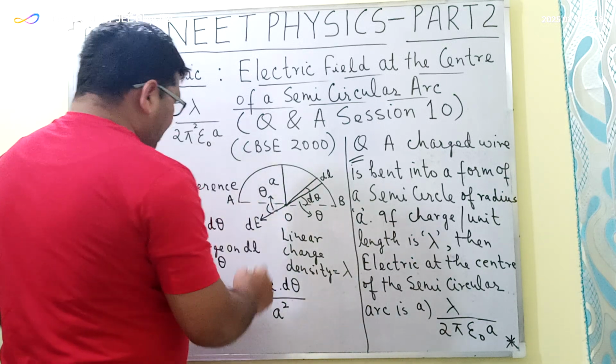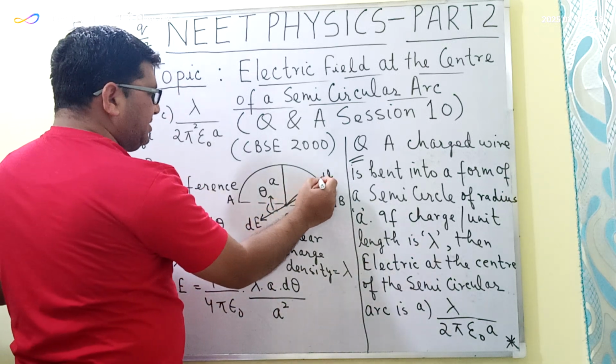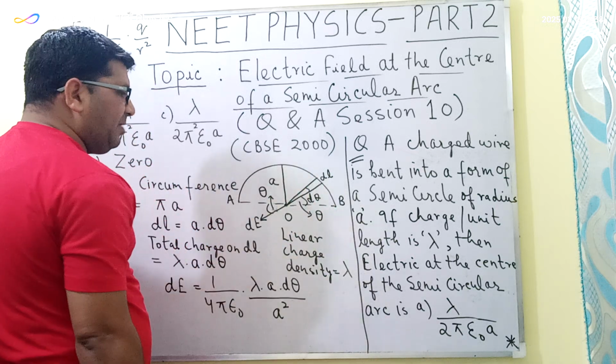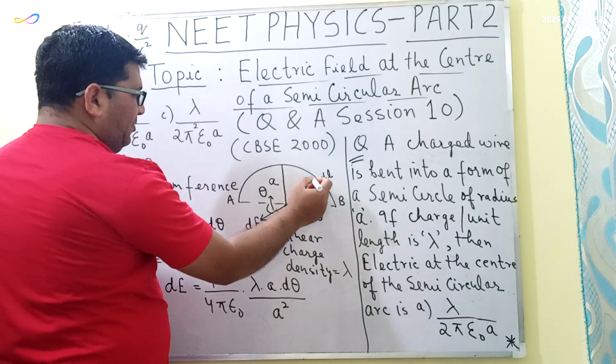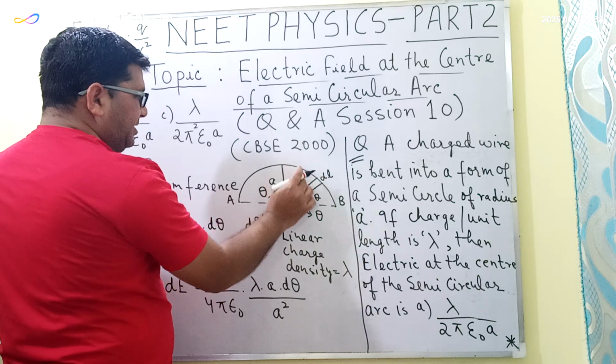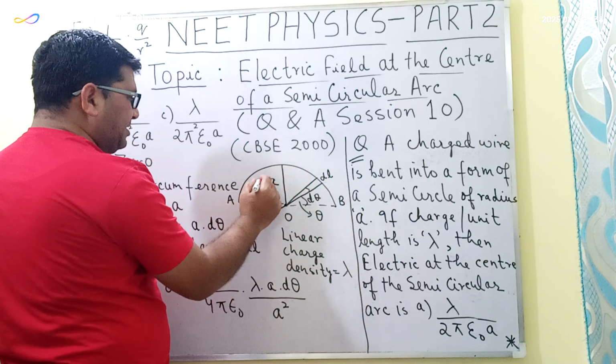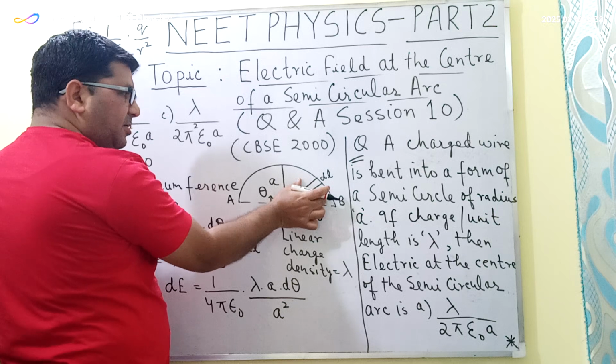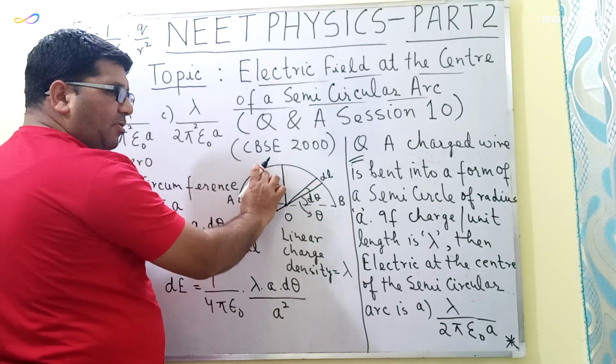So here what is happening now, since this is a uniformly charged wire, if there is one element dl on this side, that is, one part of this semicircle, this is a quarter circle, and this is a quarter circle.